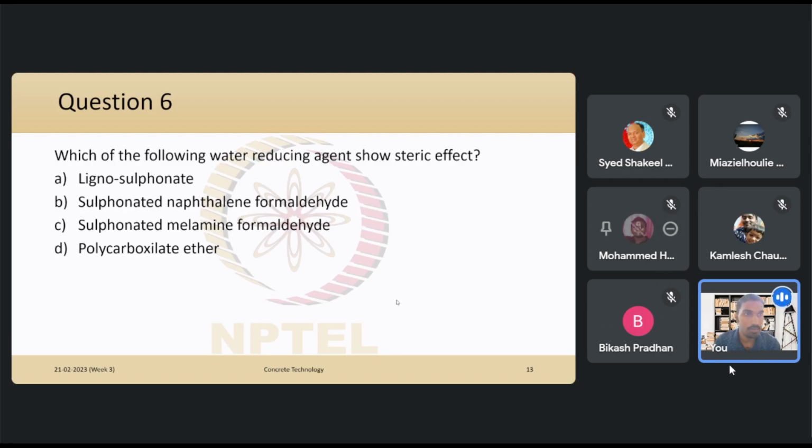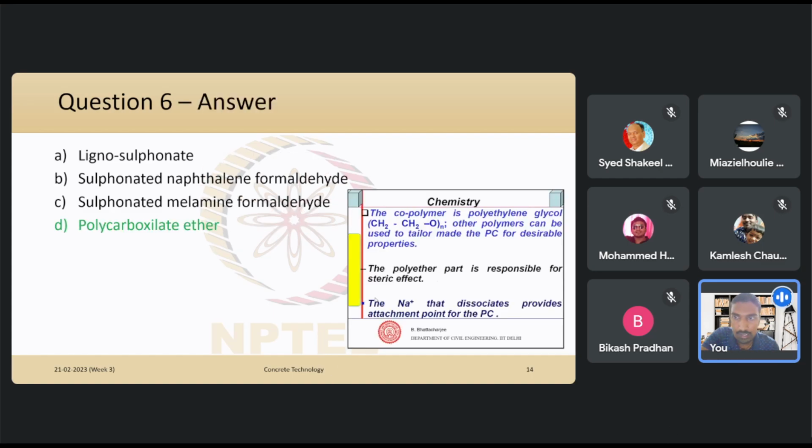Okay, so we have a couple of votes for option D and one for option A. Any other answers? Okay, so we can look at the answer now. It is option D, polycarboxylate ether, right?